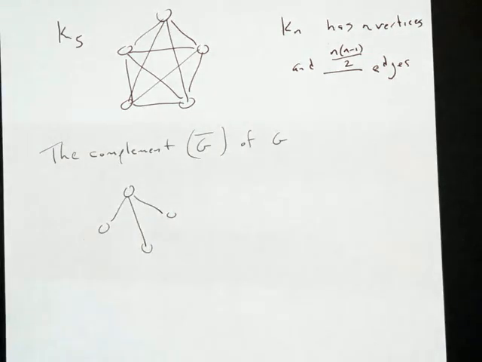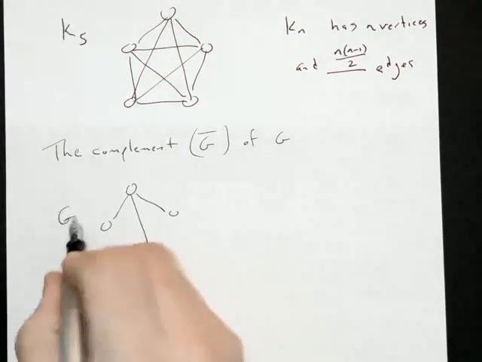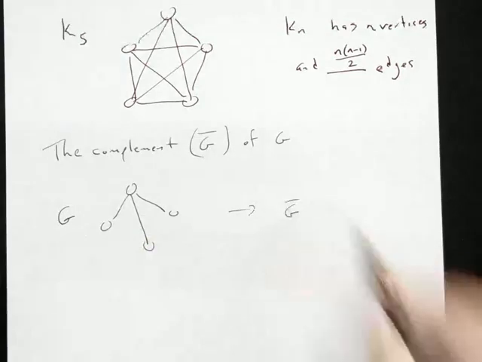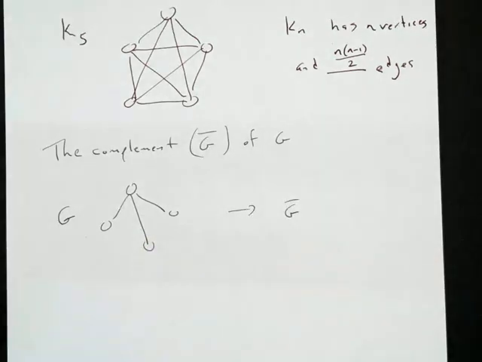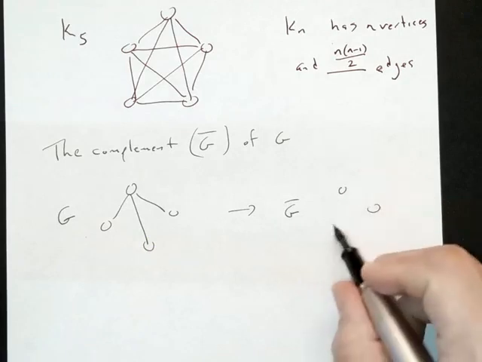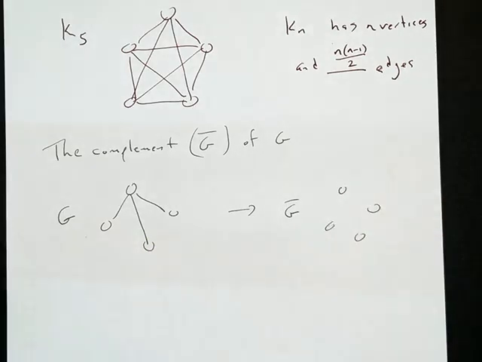Here is a graph on 4 vertices. The complement of this graph replaces all the edges that are there with edges that aren't there. So if this is my graph G, then the complement of G could be thought of as starting with a complete graph and taking away these edges.